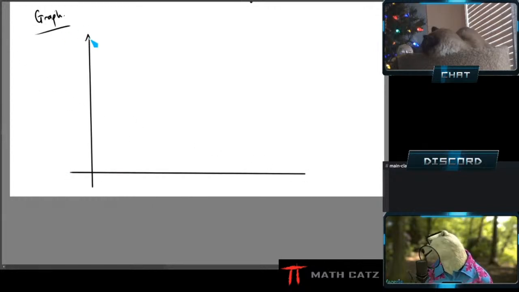Loosely speaking, when we are representing probabilities, we don't call it a bar graph, we call it a histogram. Doesn't really matter. I have the possible outcomes of X here: 1, 2, 3, 4, 5, and 6.